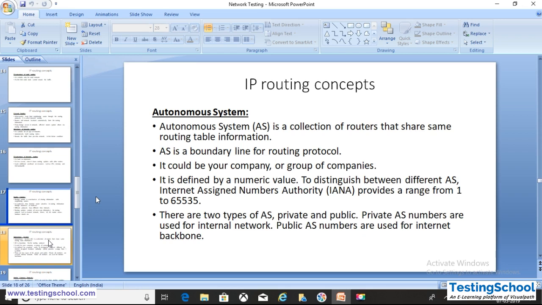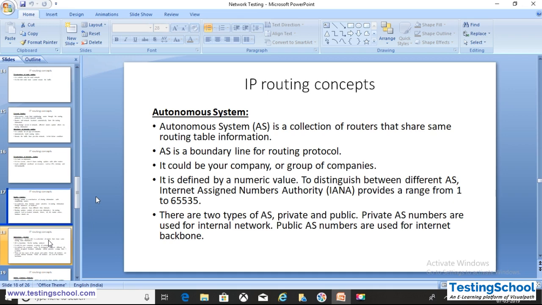A company will have its own network infrastructure, and it consists of multiple routers. All those routers will come under one autonomous system. So this is what we call an autonomous system.